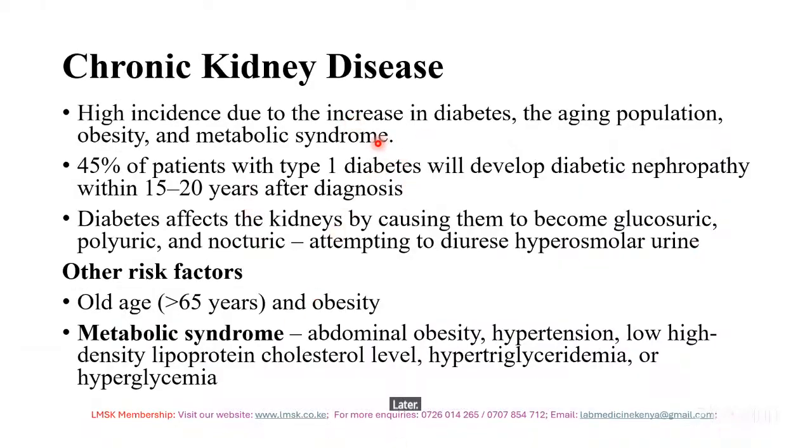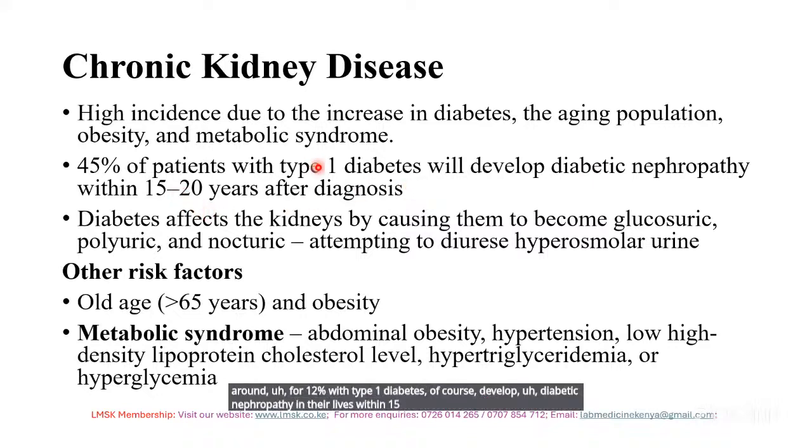Now, the high incidence, of course, of CKD is because of other comorbidities, which are diabetes, aging population, obesity, and metabolic syndrome. Around 45% with type 1 diabetes, of course, develop diabetic nephropathy in their lives within 15 to 20 years after diagnosis.